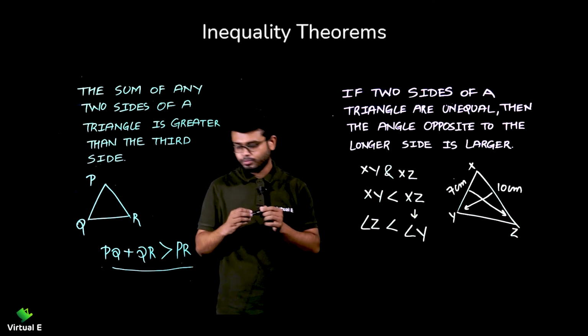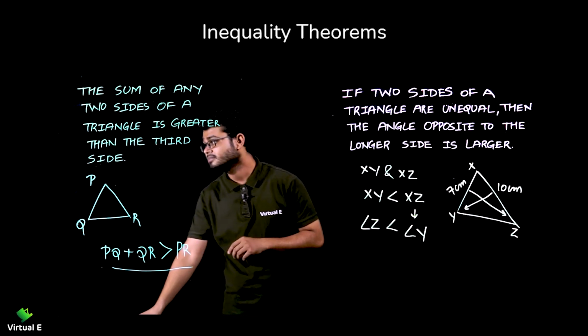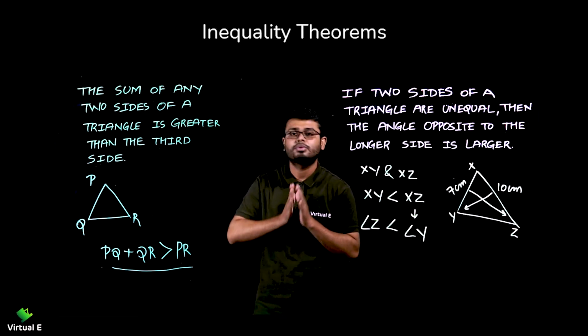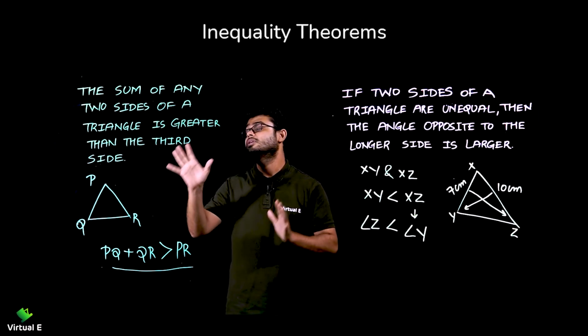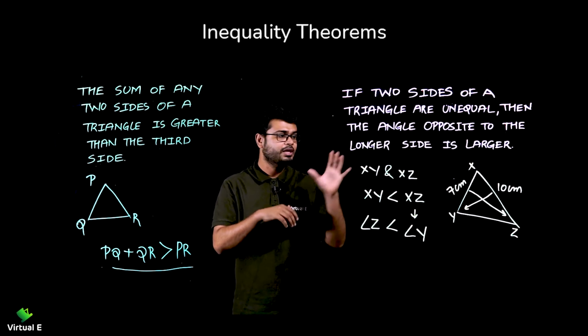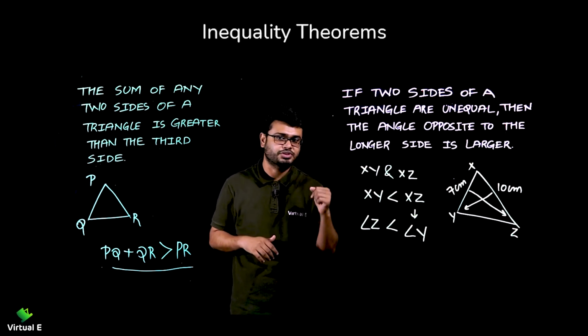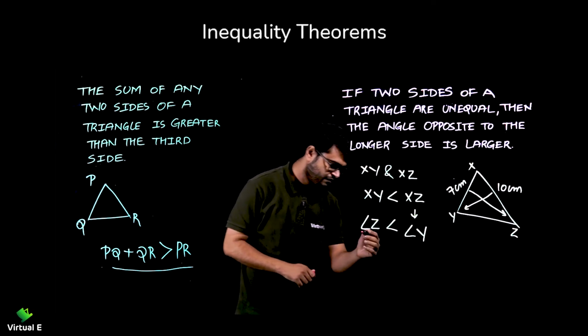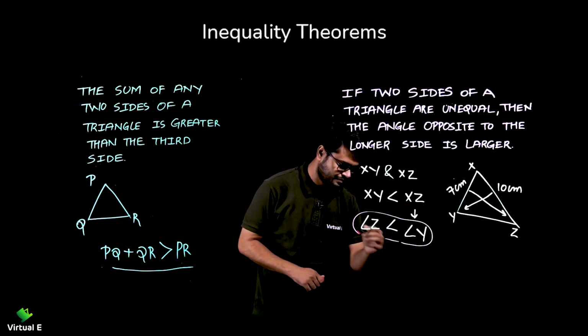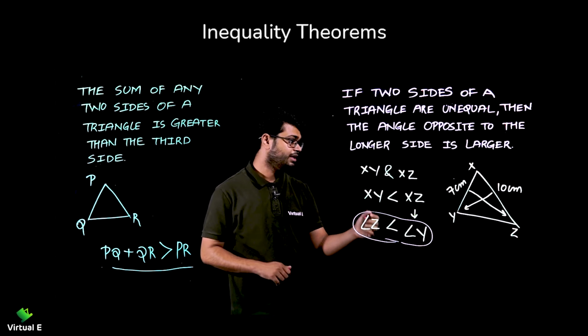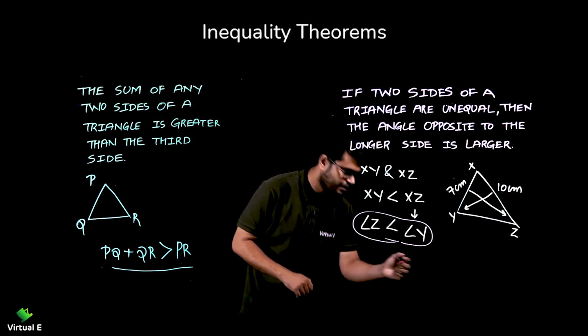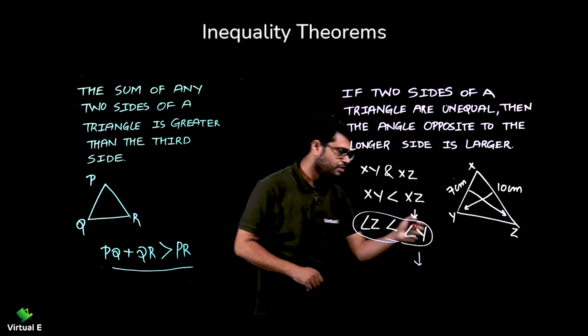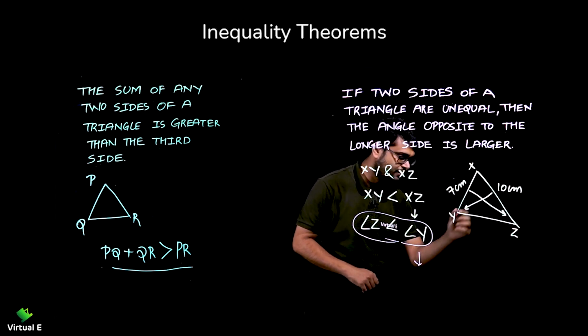We are going to prove many results based on that, so we'll get an idea how to approach the sums. So these are the two inequalities. Now in this case, the reverse is also possible. Let's say you have the condition that angle Z is less than angle Y. What is the opposite side of angle Y?